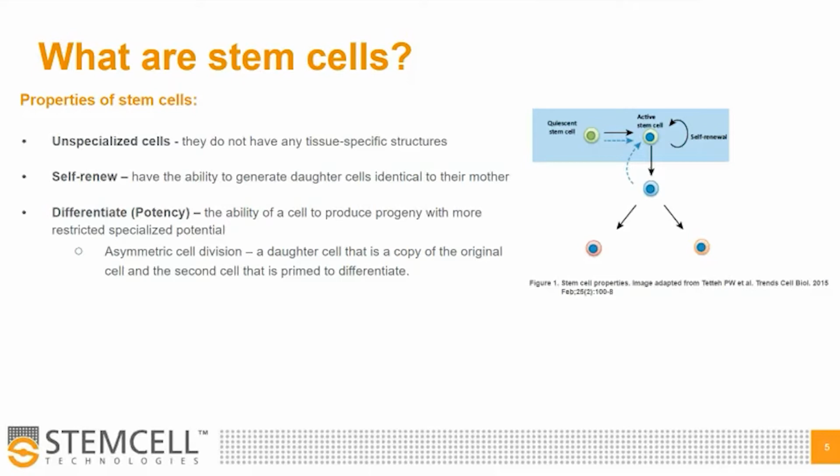It can at best divide only a few times, but more often, not at all. This is, for example, the case with at least most brain cells. In conclusion, stem cells are a self-renewing cell population that is multipotent and thus can generate several differentiated cell types.